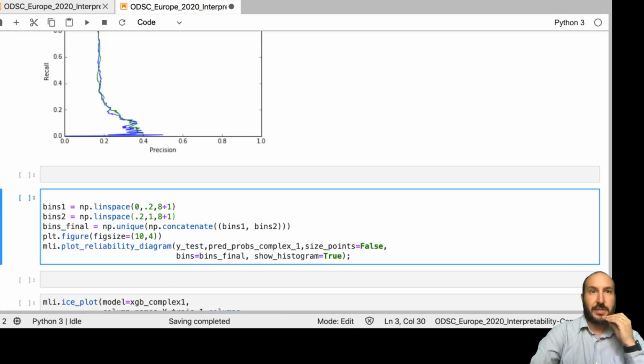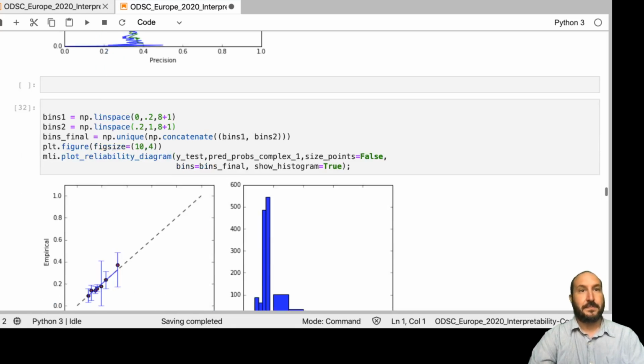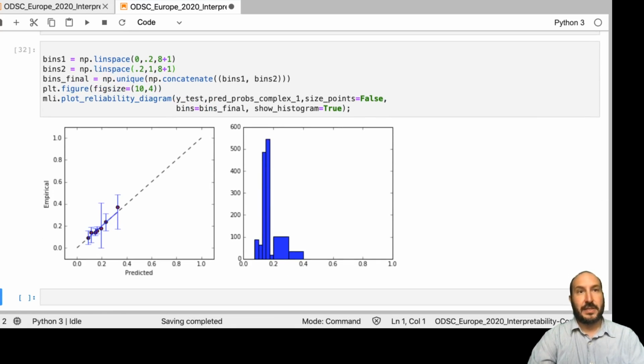But now let's look at some of these other things that we talked about, the calibration, the reliability diagram, and the ICE plots, and see if those show a difference between those two models. If you look at this reliability diagram, I think you'll see a few differences between this one and the other one. First, almost all the points are really close to that y equals x line.